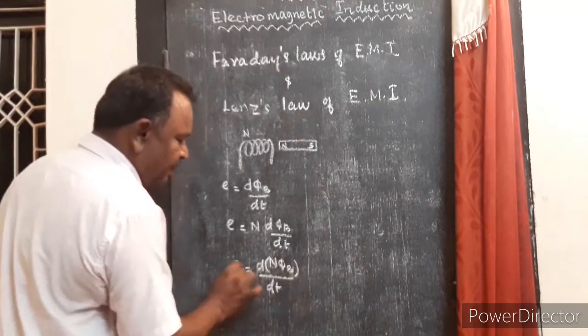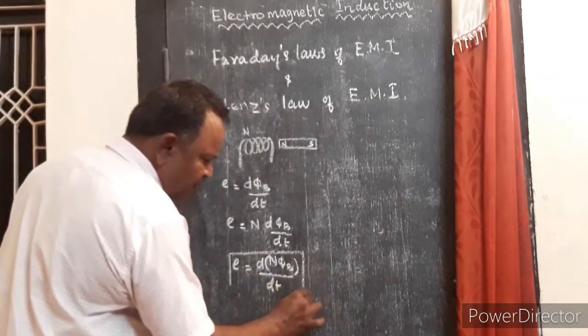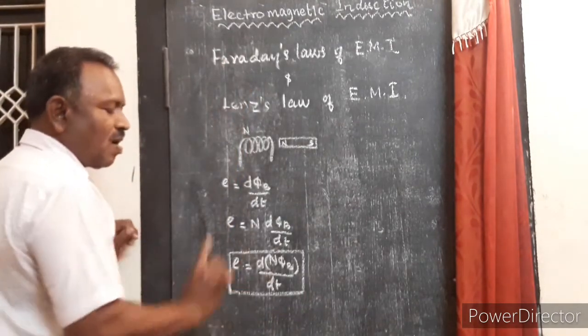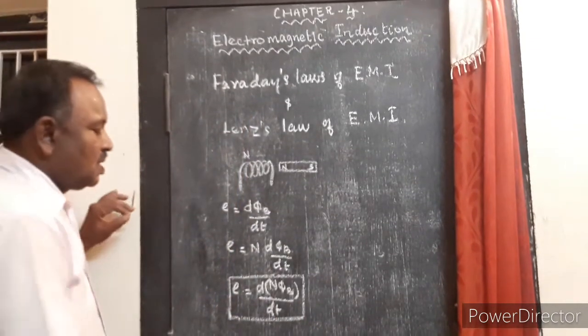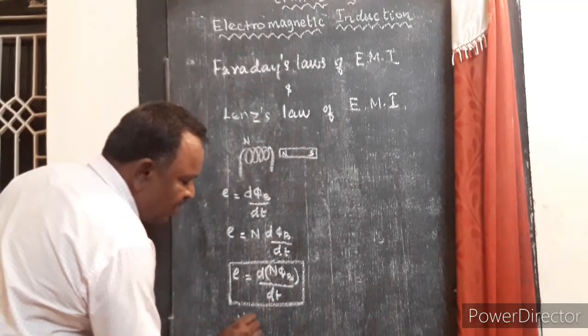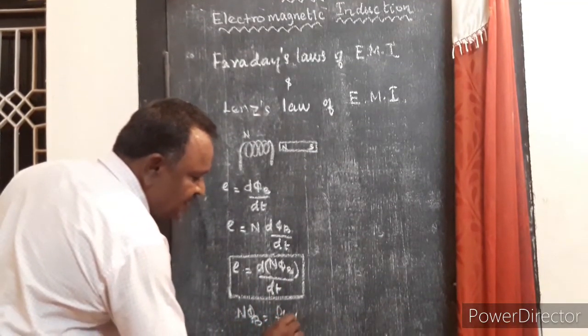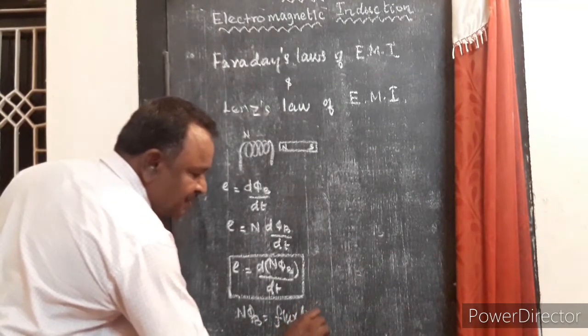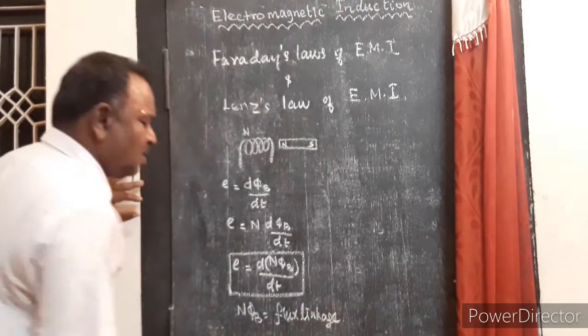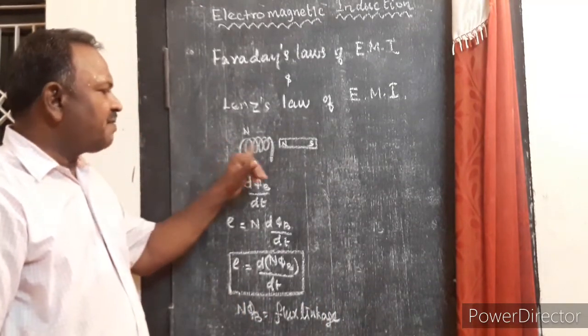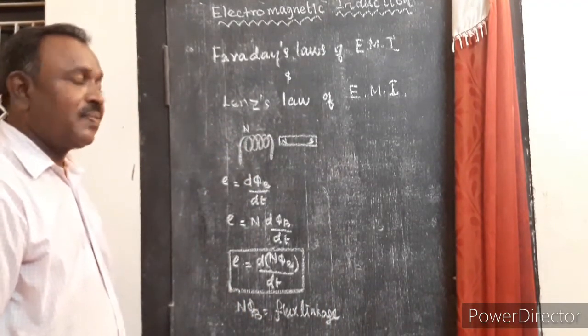This is the expression for induced EMF as per Faraday's law. This nΦB is called the flux linkage. Flux linkage is nothing but the total flux linked with the n turns of the coil.